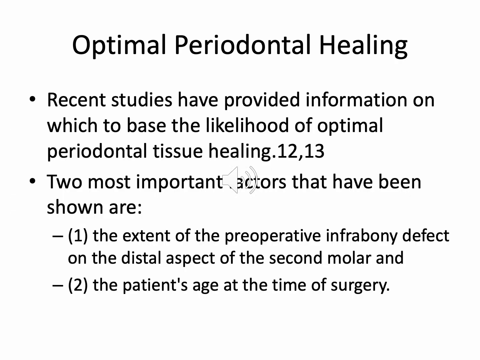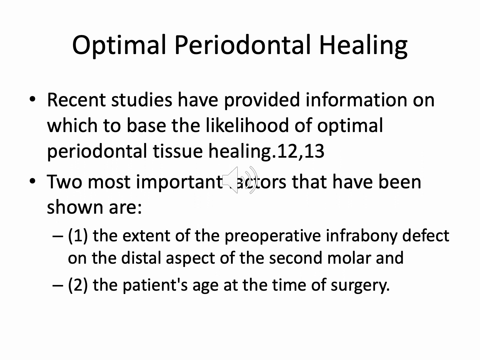So like I mentioned, if it's done when the patient's younger, certainly the studies will use the age of 25 as a cutoff, but it's a continuum. The point is younger is better to a certain point. You don't want to be sending your patient in at 14 when the upper third molars are super high. It's counterproductive.